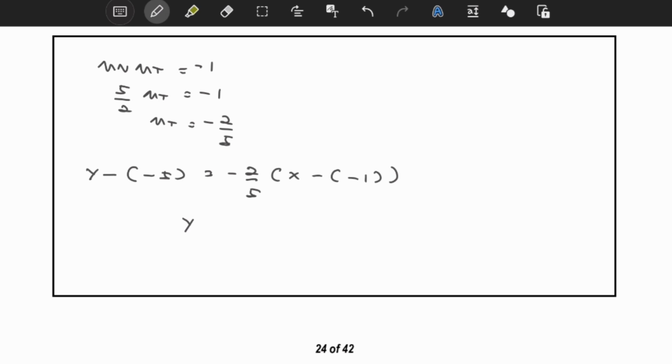So the equation is y equals negative 2 over 5 x minus 27 over 5. So this is our equation of tangent.